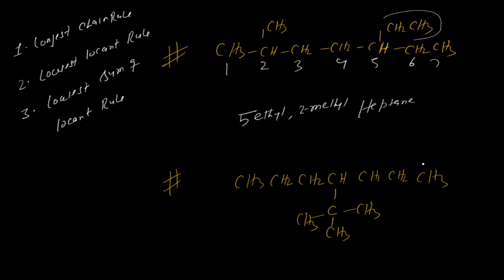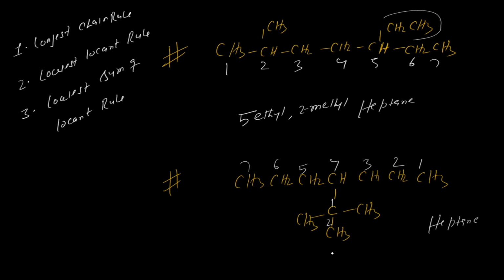Now in this case we have to find out the longest chain. So 1, 2, 3, 4, 5, 6 and 7: 7 is heptane. Now how do we name this substituent? Whichever carbon is attached to this fourth carbon, we will start counting from that with the longest chain again: 1, 2, this is the longest chain.